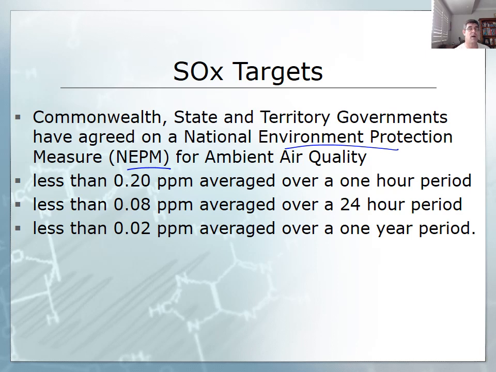A 0.2 parts per million average over a 1 hour period, 0.08 over a 24-hour period, and 0.02 over a year. So you can see we can have very short-term higher levels, but we can't maintain those levels for a long period of time because otherwise they have cumulative and obviously deleterious effects on humans.